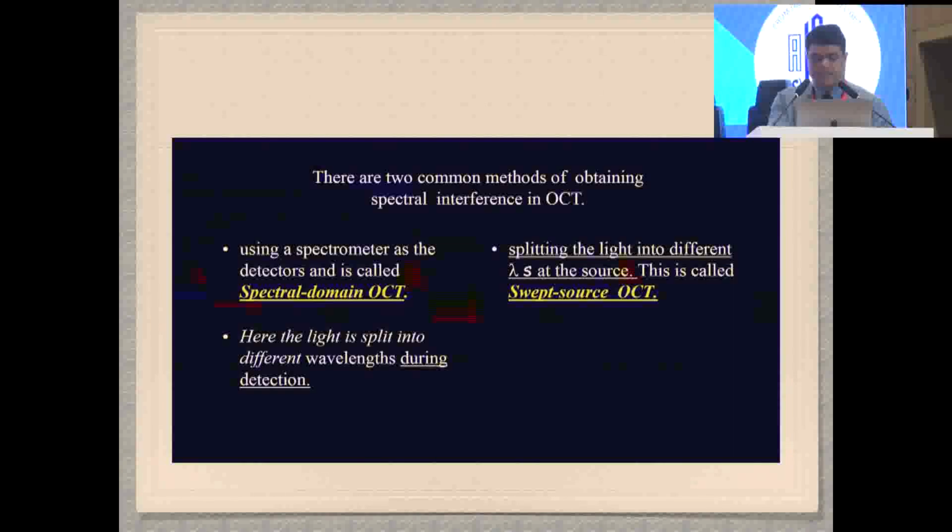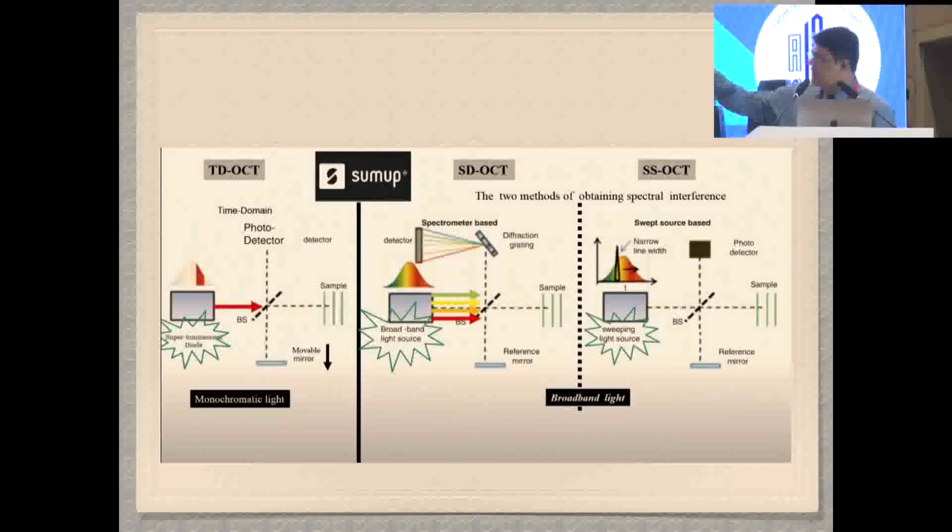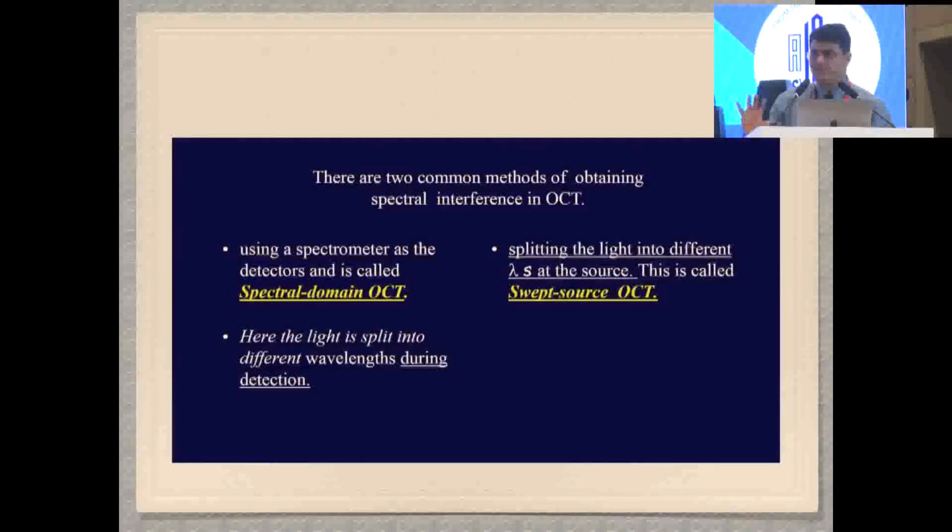In spectral domain OCT, there is a photodetector at which the interference is done, whereas in swept source OCT, the light source itself is a sweeping source, it has a variable wavelength. So that's the basic difference.